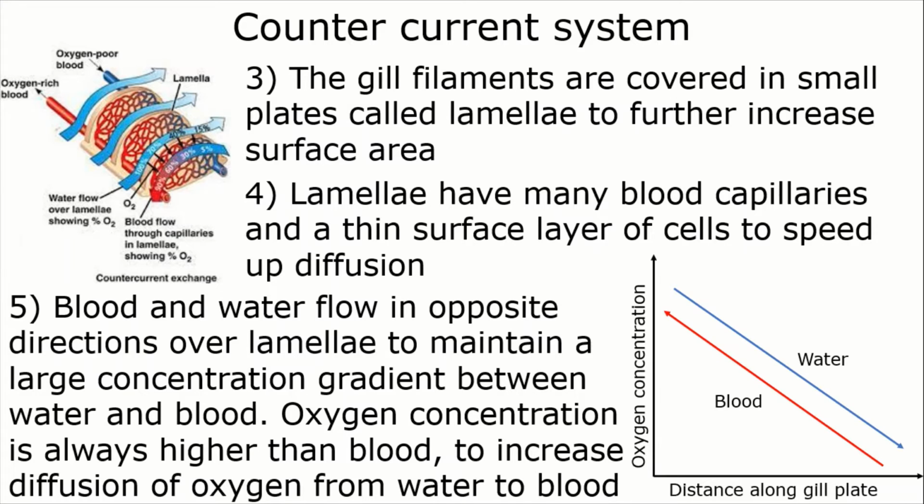So at the start of the gill plate, which is going to be the furthest away from the operculum, this flap opening to release the water, the blood and the oxygen have their highest concentration, and the further you go along the gill plate, the lower the comparative oxygen concentration is, and that is because water is obviously losing its oxygen to the blood, but also because the blood on or near the operculum, so sort of on this outer edge of the fish, if you like, is more oxygen poor blood.